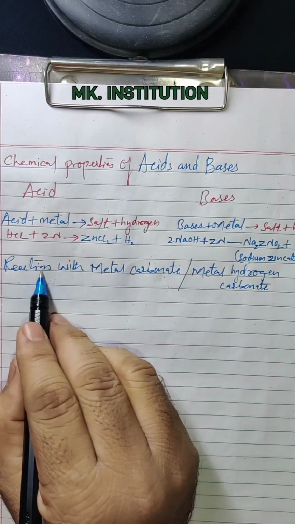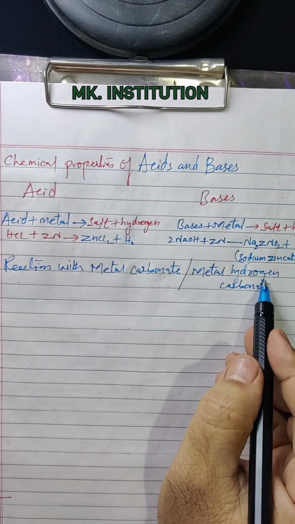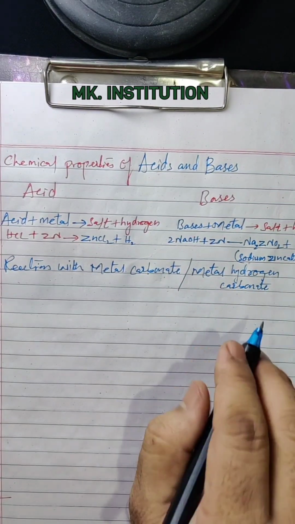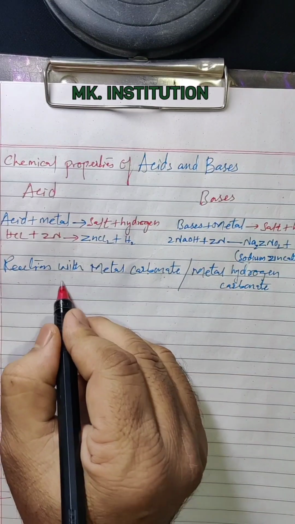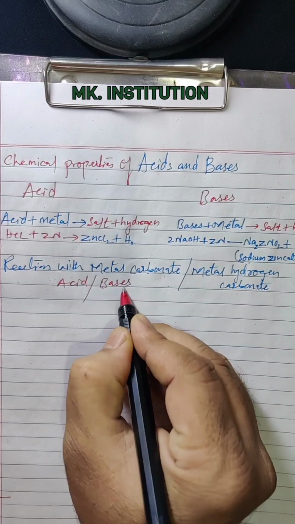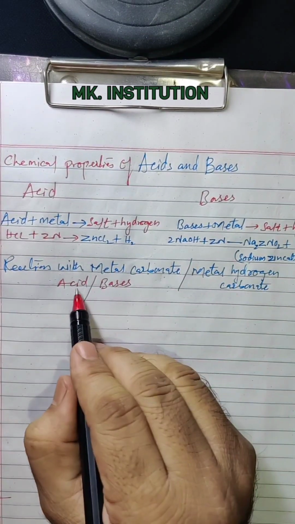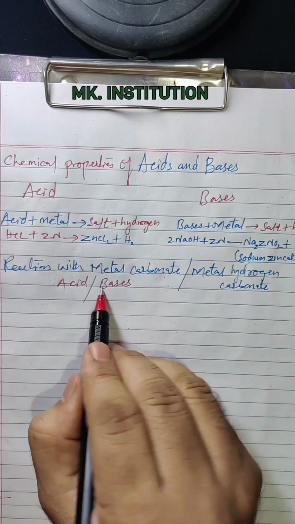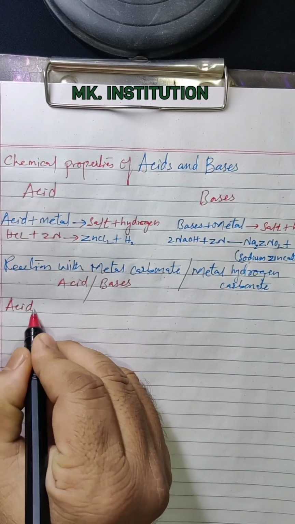If it happens with metal carbonate or metal hydrogen carbonate, with acids and bases, then what is formed? When metal carbonate or metal hydrogen carbonate reacts with acid, what is formed? And with base, what is formed? We'll say these two.